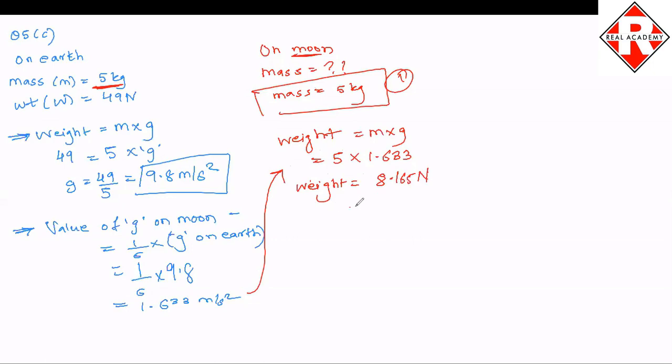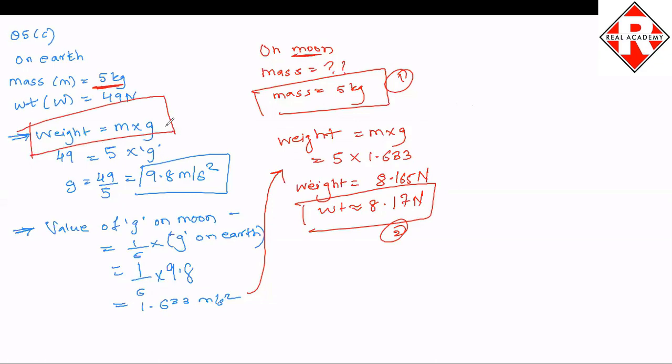So approximately I can write it as 8.17 newtons. Okay, so this is the weight. So I have got the second answer also. So this was very easy, correct? We have just applied one formula, that is weight is equal to mass into acceleration due to gravity. That is it.